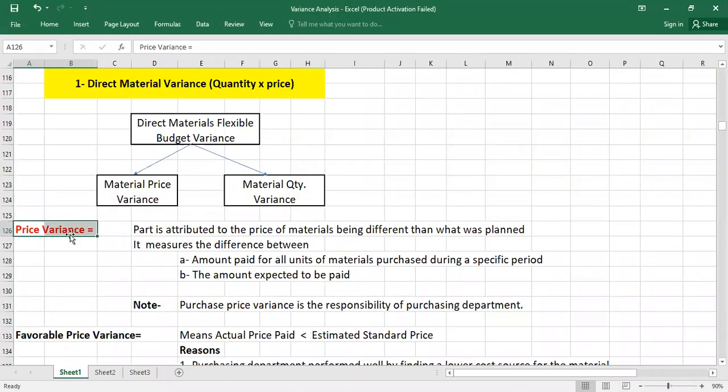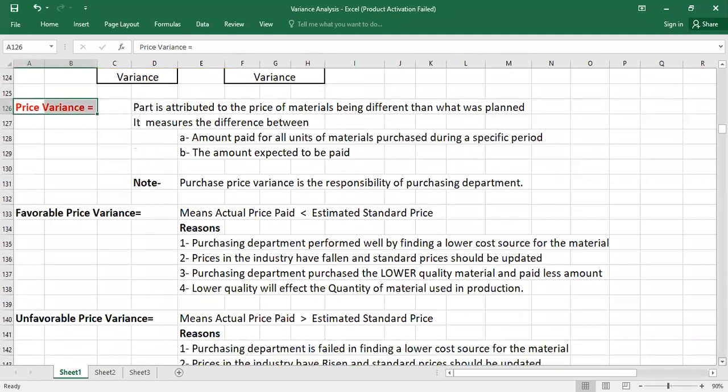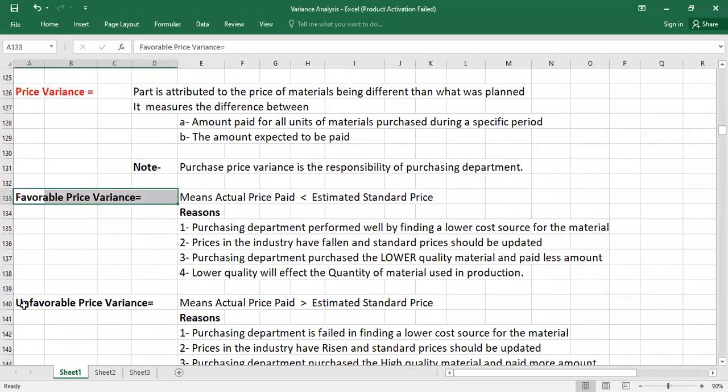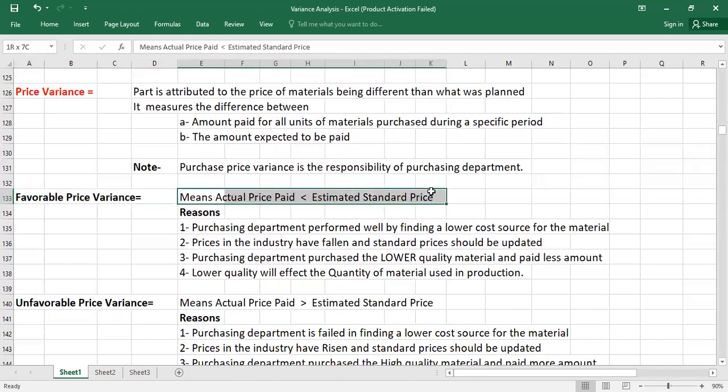Price variance is the difference between the actual price paid for the material and the estimated standard price of the material. We might have two types of price variance: your variance could be favorable or unfavorable. A favorable price variance will usually occur when the actual price paid is less than the estimated standard price.